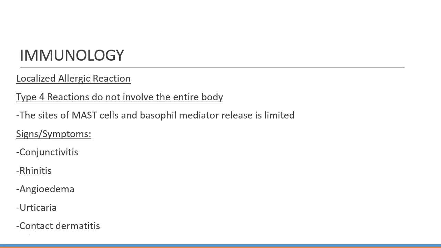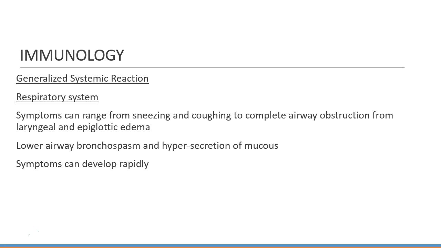Now, signs and symptoms of a generalized allergic reaction can include conjunctivitis, rhinitis, angioedema, urticaria, and contact dermatitis. Respiratory symptoms can range from sneezing and coughing to complete airway obstruction from laryngeal and epiglottic edema, lower airway bronchospasm, and hypersecretion of mucus.